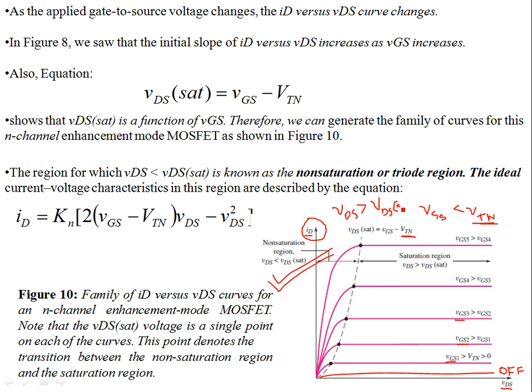You can look at the curve: increasing VDS beyond that point does not increase the current ID. Beyond this point we have saturation, and ID is not increasing.